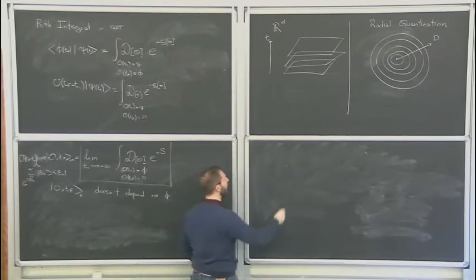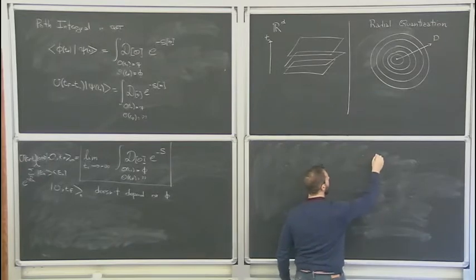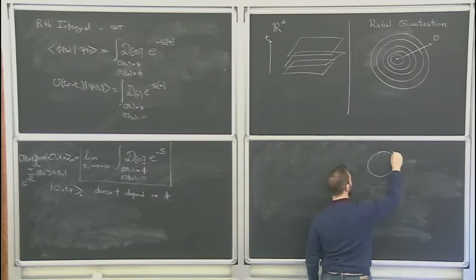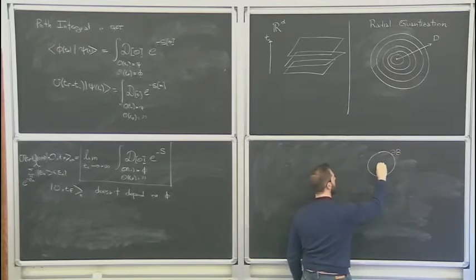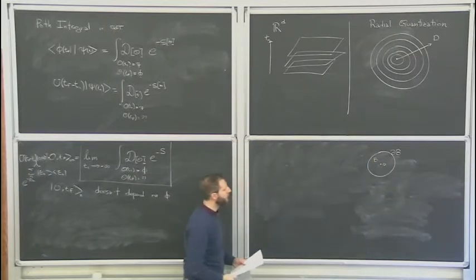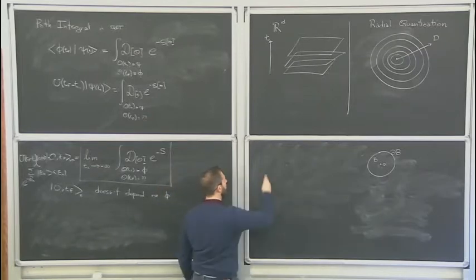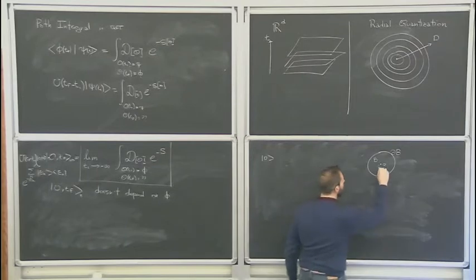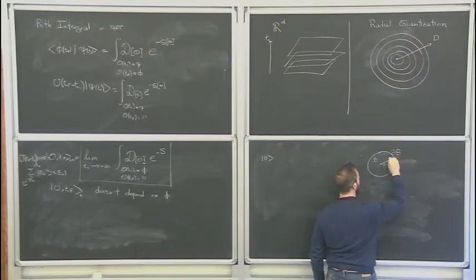So suppose we have, let's say, a ball, so a sphere, and this is the boundary of a ball. This is the ball, centered at 0. Okay. So we can define the vacuum state, and this ball has a radius r.